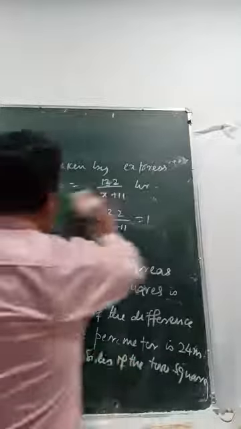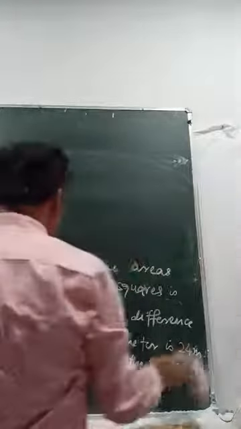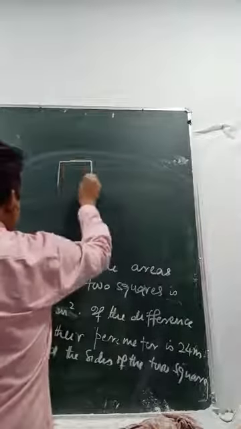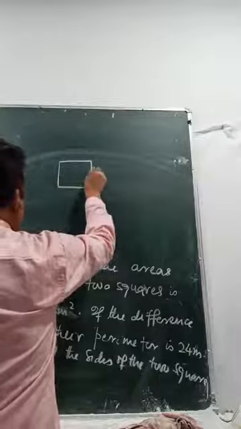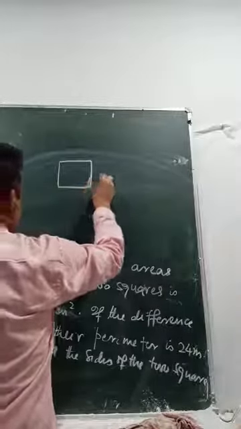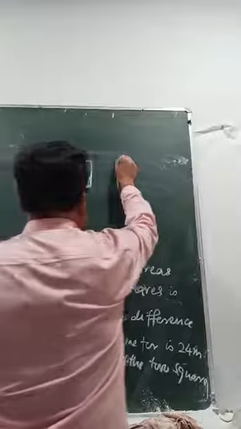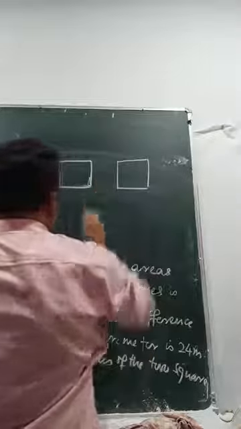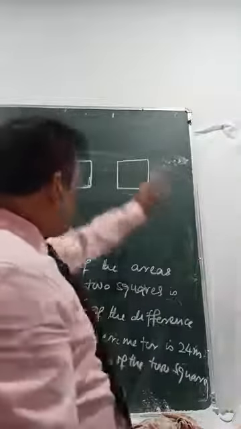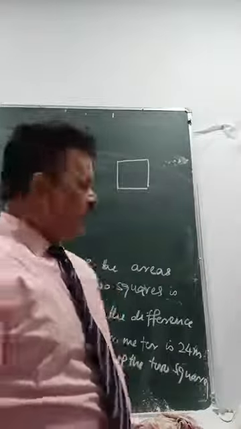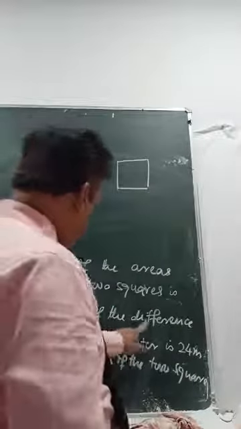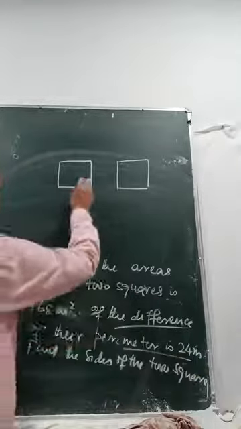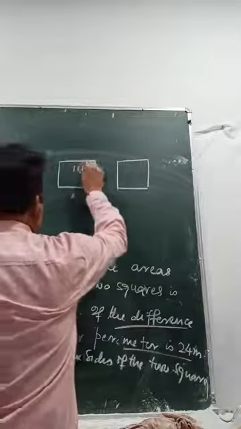Okay. Look at here. There are two squares. Another square again. The sum of the areas is 468, but the difference of their perimeter is given. Suppose this is x, this is first, this is second.